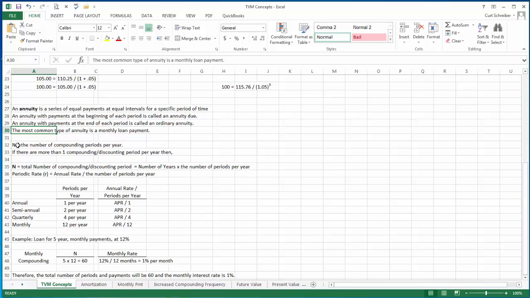Here's another concept. Notice that in our abbreviations, we're going to use a capital N, and N is equal to the number of compounding periods.